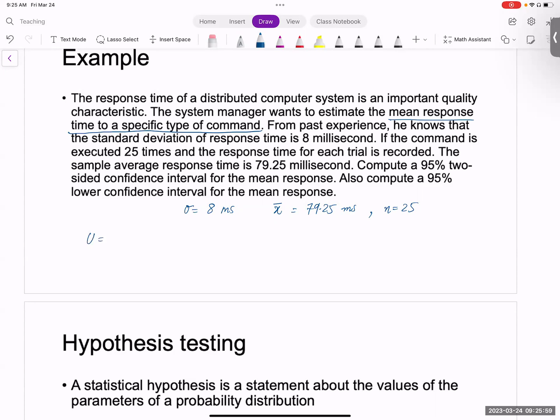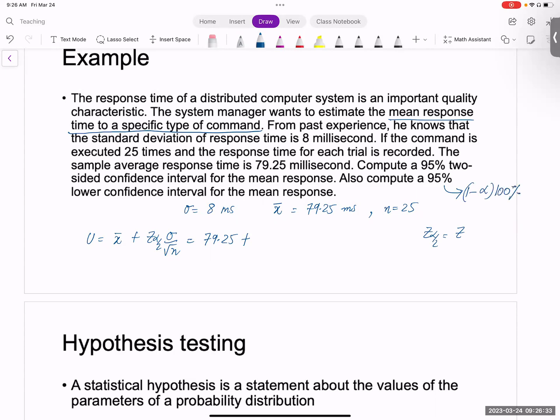upper limit is equal to x bar plus z alpha over 2 sigma divided by square root of n. X bar is 79.25 plus z alpha over 2. We need to compute this. Z alpha over 2, let's do maybe on the side. You can actually see it from here, alpha is 5%. This is 1 minus alpha times 100%, right?